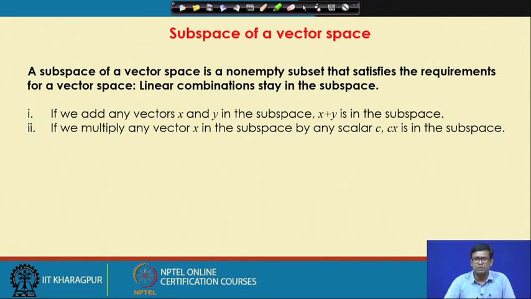So, it becomes a little more restrictive than the real coordinate space definition, because the real coordinate space ensures that any vector with the number of components same as the dimension of the real coordinate space must be a member of it, the largest vector space we can think of in that particular dimension.